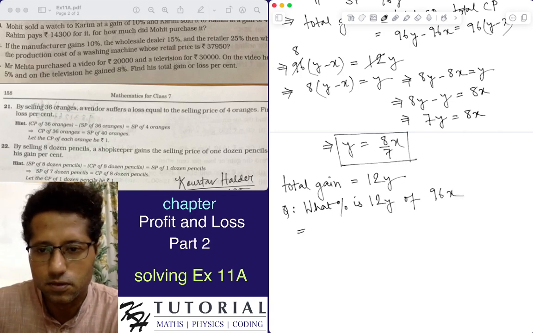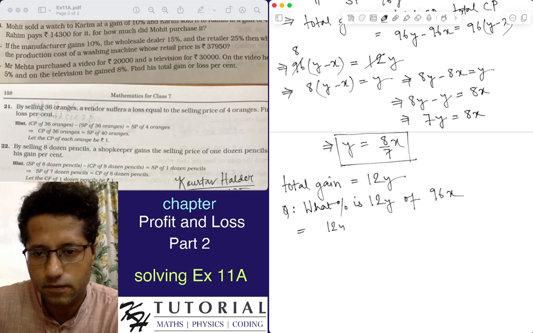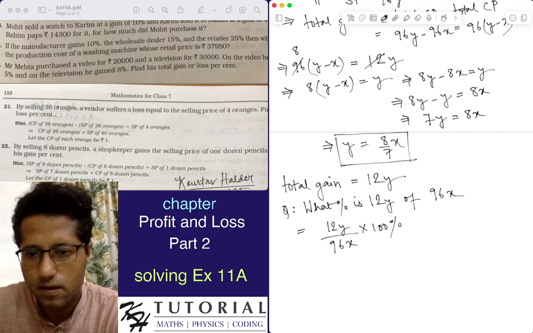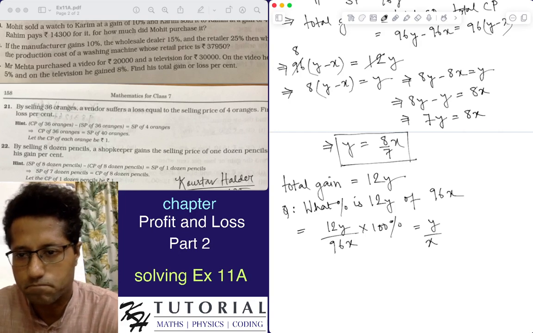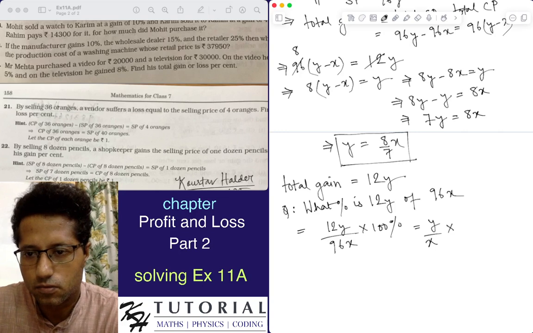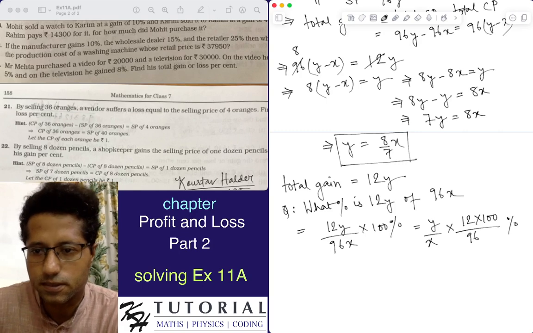So this is equal to 12y divided by 96x multiplied by 100 percent. Now if we factor out y by x, this is 12 into 100 divided by 96, this much percentage.